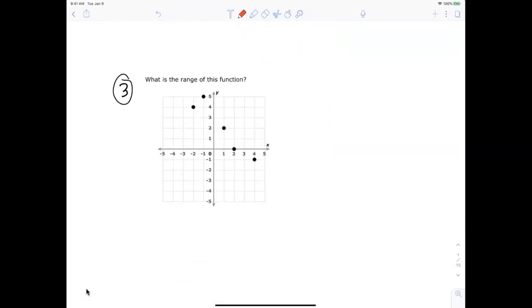Now the range, all we're doing is looking for the y values. So I look at each point and I just travel back to the y axis, and then I can just look at the numbers that I have used. So the range is -1, 0, 2, 4, 5.